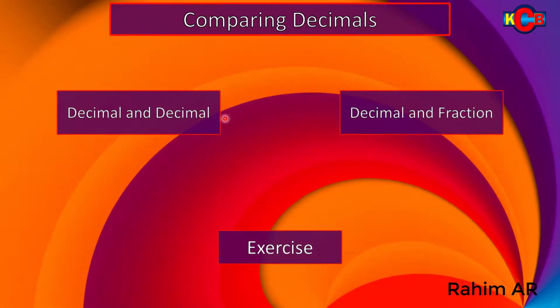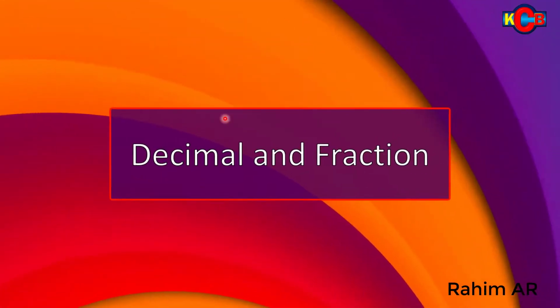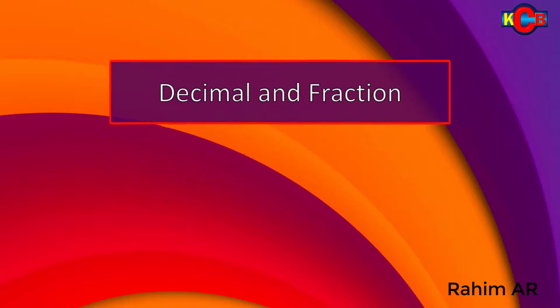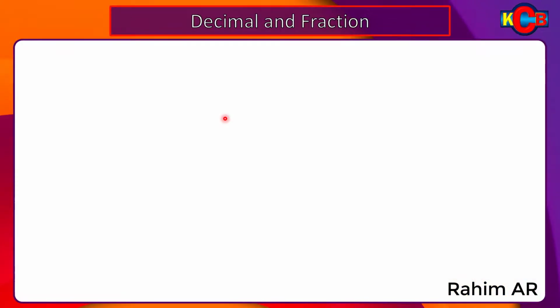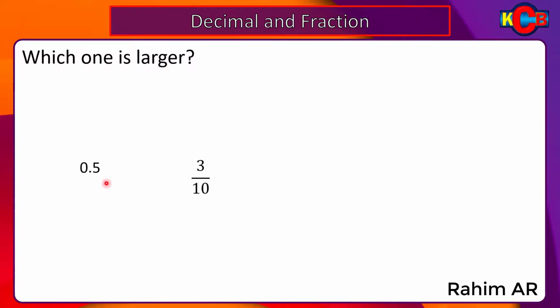Now, how to compare between decimal and fraction? Which one is larger? 0.5 or 3 tenths? First, we change 0.5 into a fraction and we get 5 tenths.